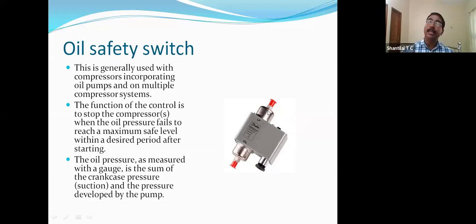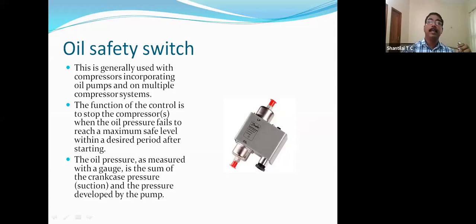So here two bellows will be there, top and bottom. Bottom, the oil pressure is acting, and top, the low pressure is acting. Low pressure means the crankcase having suction pressure. That suction pressure is coming in this LP side, and the oil pump having a pressure, that pressure is acting on this oil bellow.